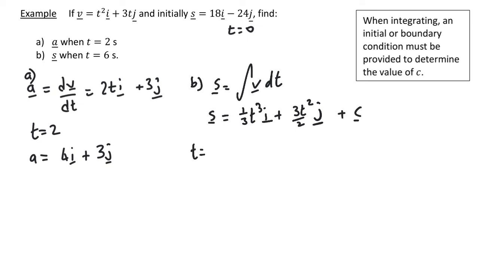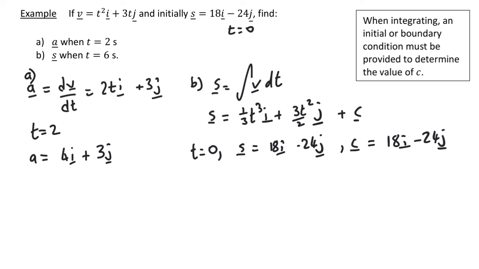Now what we have is when t equals 0, s equals 18i minus 24j, and then c also works out to be 18i minus 24j, because whenever we substitute t equals 0 in, we eliminate the i component, we eliminate the j component, we have s equals c, so then c is 18i minus 24j.